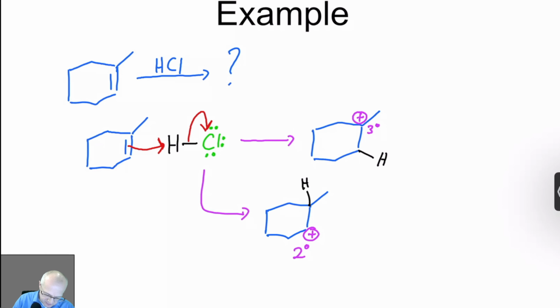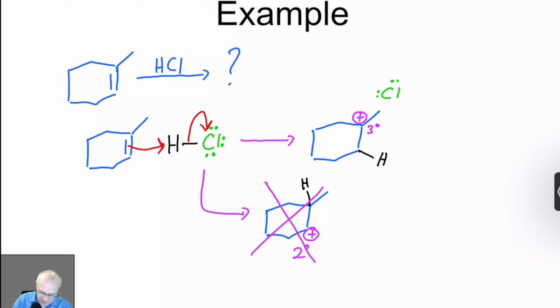The same mechanism: this arrow attacks that hydrogen, bond electrons go to the chlorine to form chloride. I could have put the hydrogen on the bottom, or on top. Putting it on the bottom gave me a tertiary carbocation. Putting it on the top gave me a secondary carbocation. Everyone I think will agree that that one probably doesn't form. Tertiary is definitely more stable, so it's going to be the one that forms in preference.